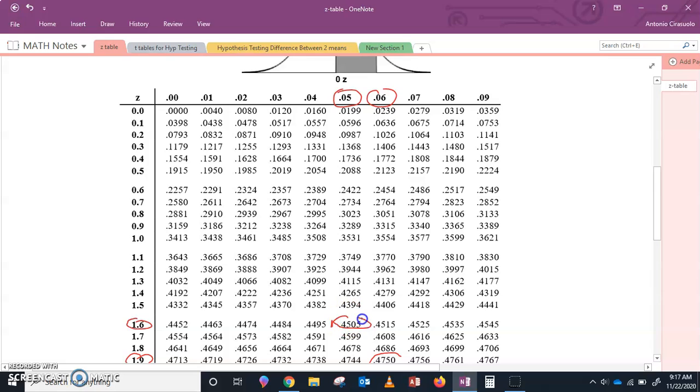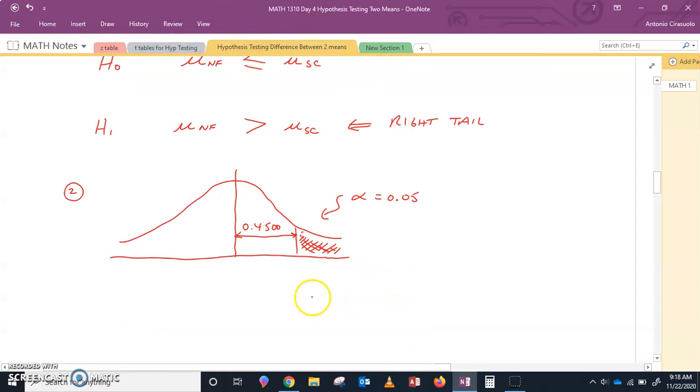So I'm going with this value, and 1.65 is the value for our critical value. So Z is 1.65.